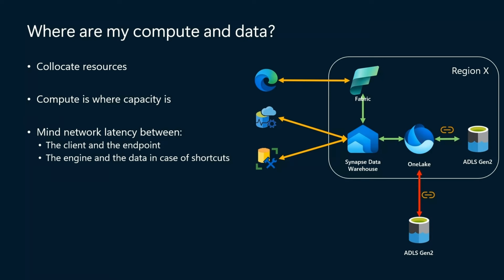You can access Fabric Warehouse from anywhere in the world. You can access it, for example, from your local laptop, and there you can use a browser to access the Fabric Web UI, or you may use SQL Server Management Studio or Azure Data Studio to write and execute queries. Please be mindful that your queries may return large amounts of data, and in that case, it may take some time because data needs to be transferred from the region where Fabric is to your local laptop.